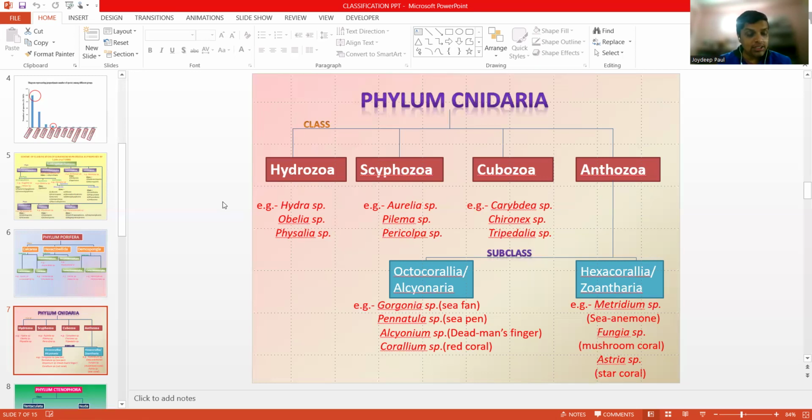Habit, sedentary or free swimming, and either colonial or in few cases solitary in nature. Symmetry, radially symmetrical except sea anemone, which is bilaterally symmetrical.